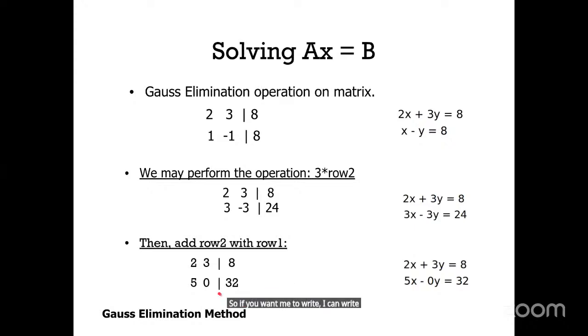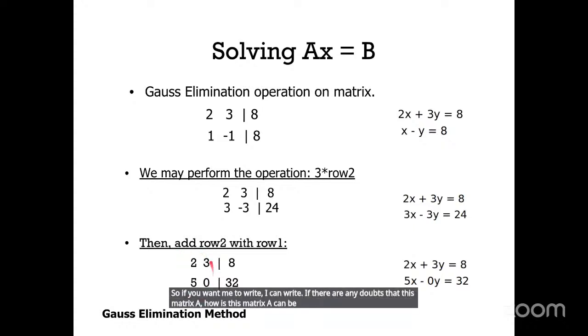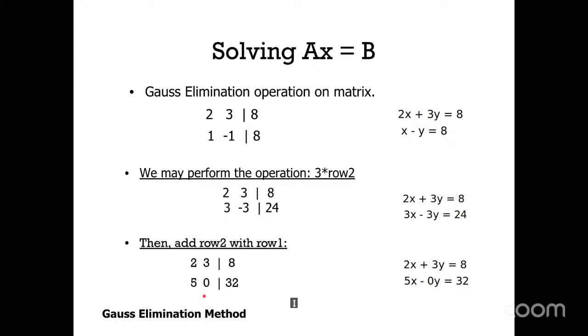If there are any doubts about how this matrix A can be converted into an identity matrix, I can write and assure you it will become an identity. If anyone still has doubt, or if it is clear, then we will move forward. Okay, nice. No one has. So everyone is able to see that this can be converted into an identity matrix, right?